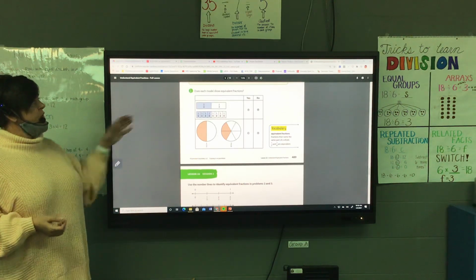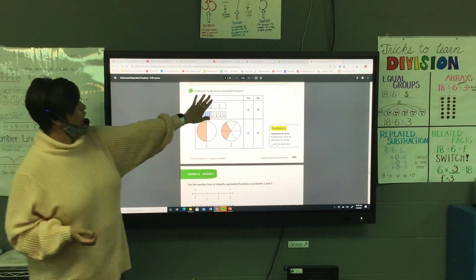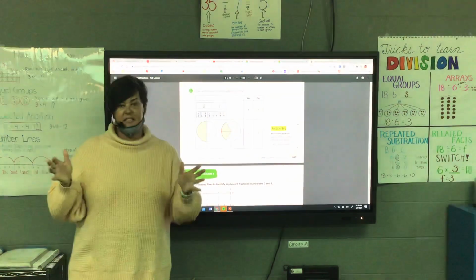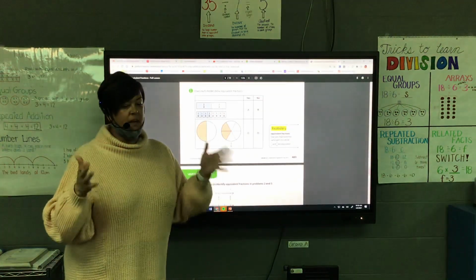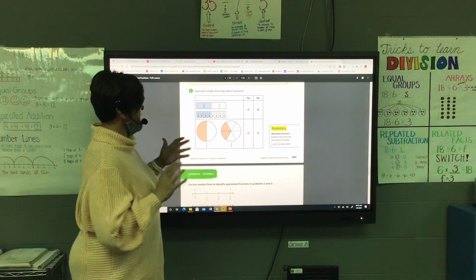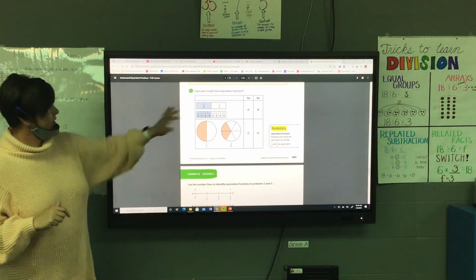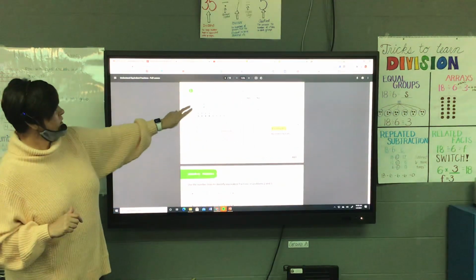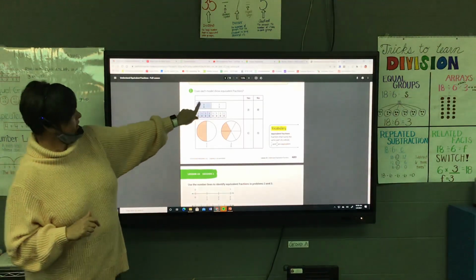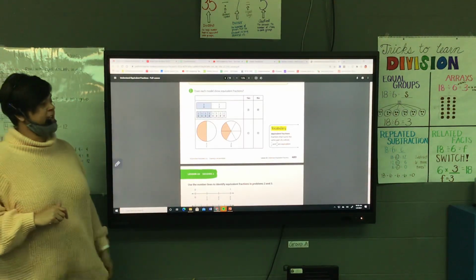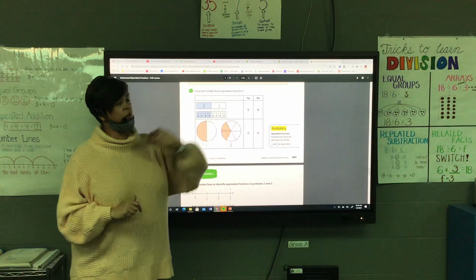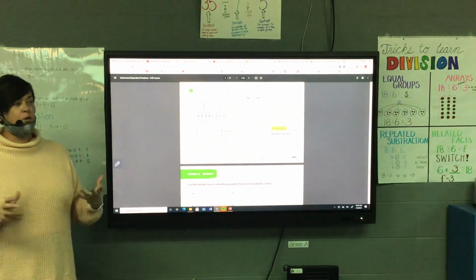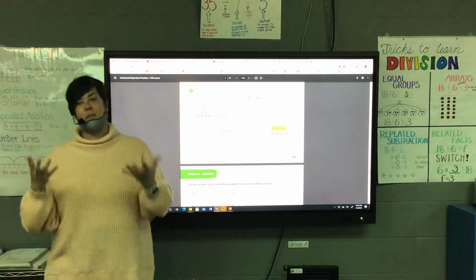So what you're going to do here is decide, are these equivalent? Are they equal amounts that are shaded in? Look at this first one. Color in yes or no if you think they are equivalent, the same amount.